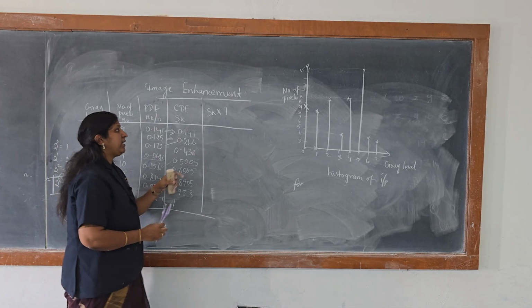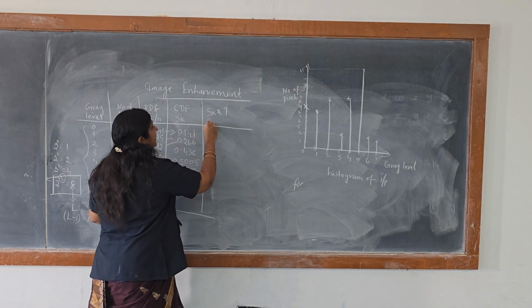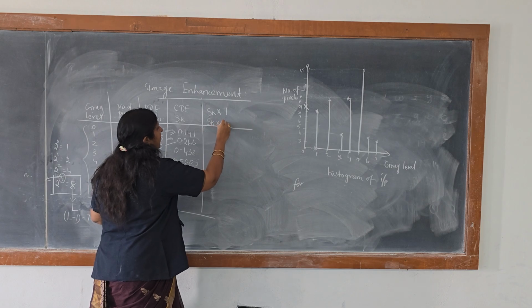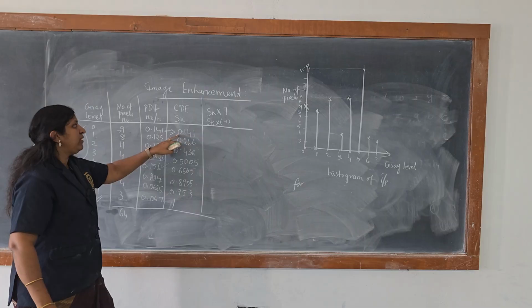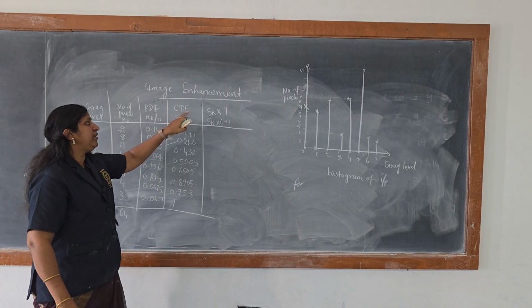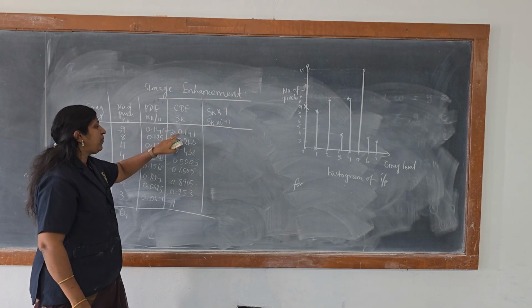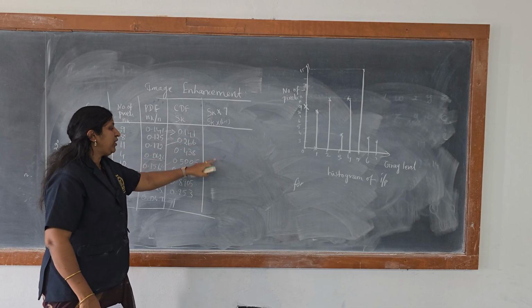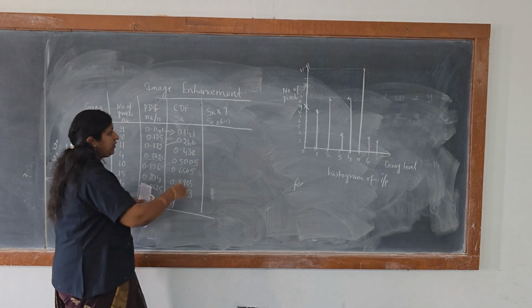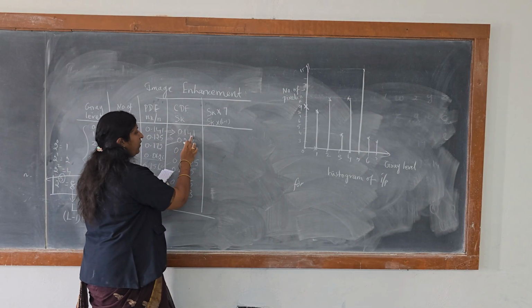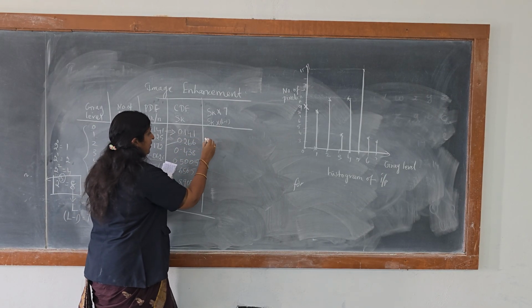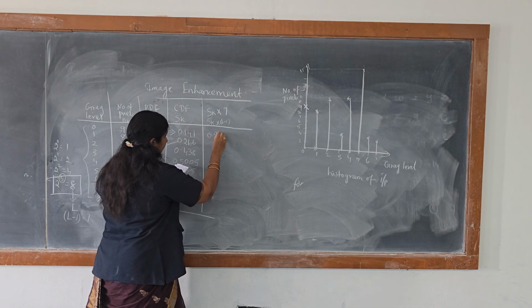Here the formula is Sk multiplied by L minus 1. Sk value is the cumulative distribution function. Multiply this value with 7 and you will get this column's values. 0.147 multiplied with 7 gives 0.987.